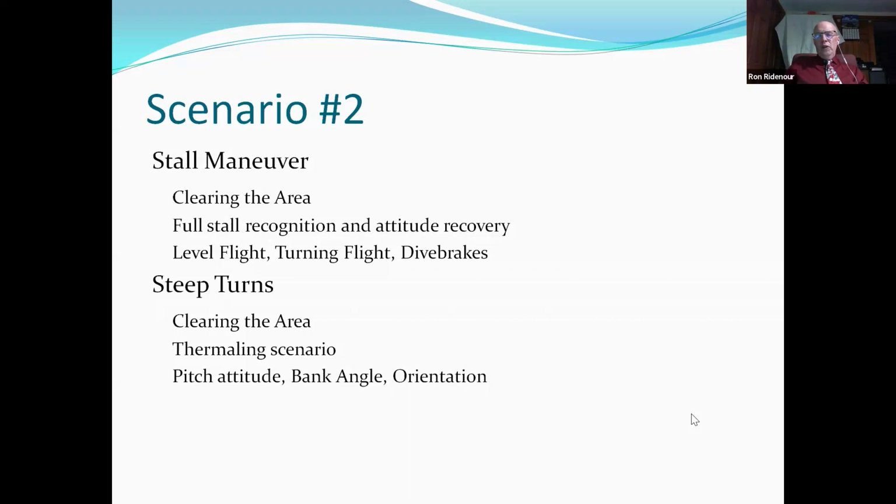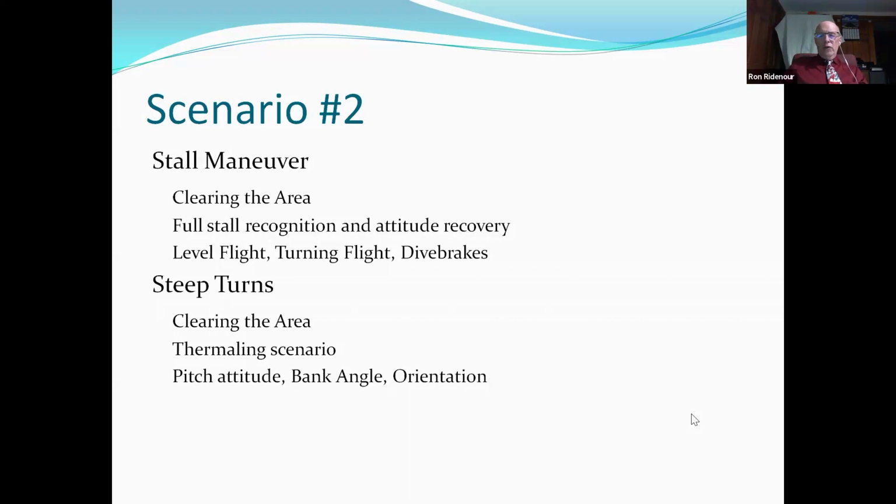If you leave the nose pitched down too long, you are losing excessive altitude. And to be quite honest, one of the times when a stall is critical is when you're close to the ground, like turning final or on final approach trying to get over wires or something like that.